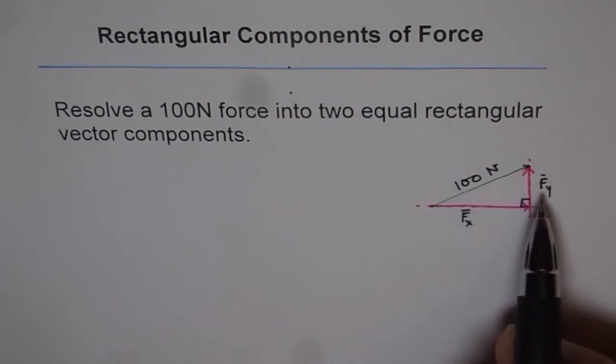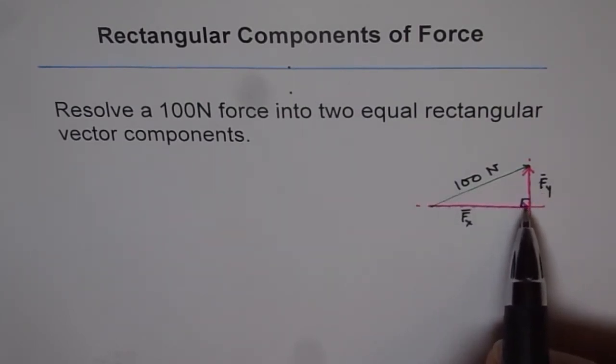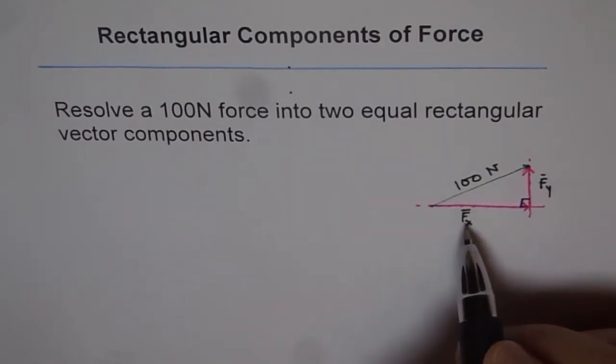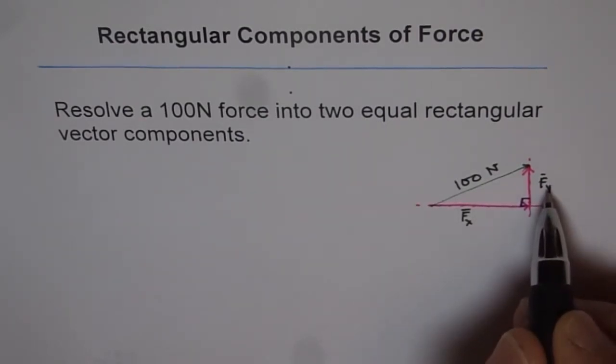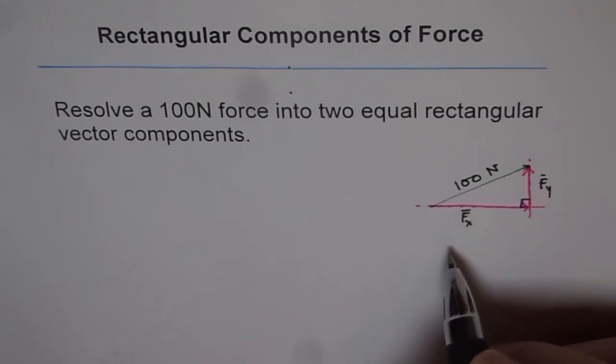Now to find Fx and Fy, we can use Pythagorean theorem, which is Fx square plus Fy square is equal to 100 square. That is one way of doing it.